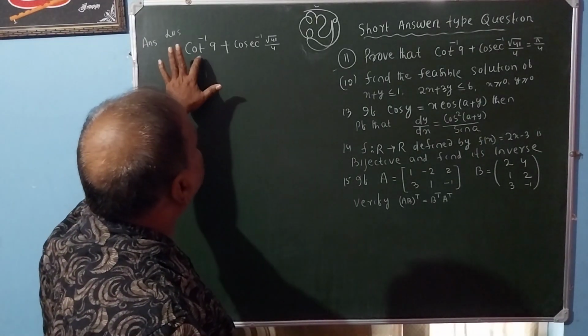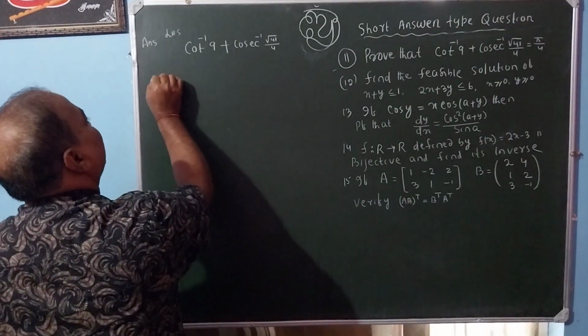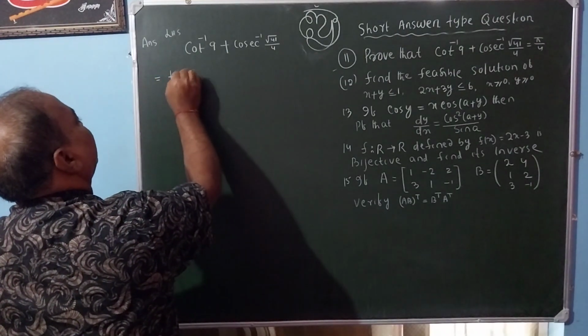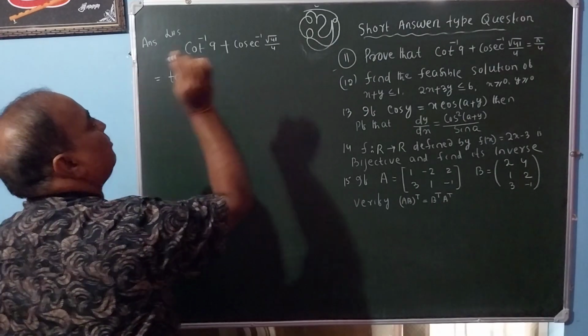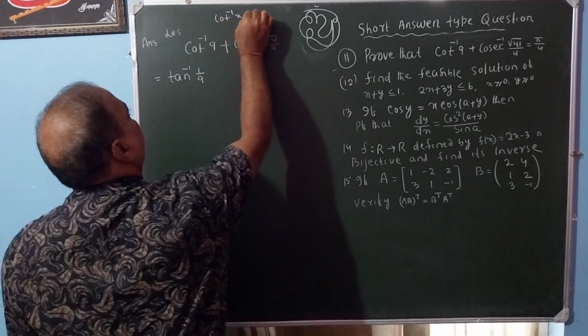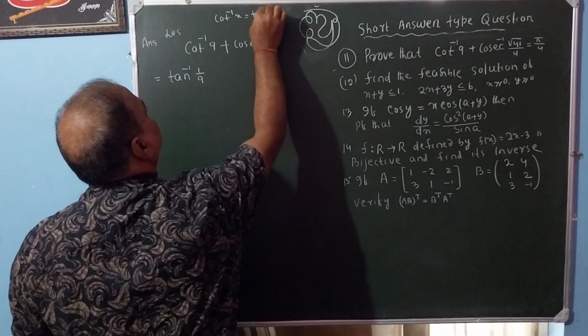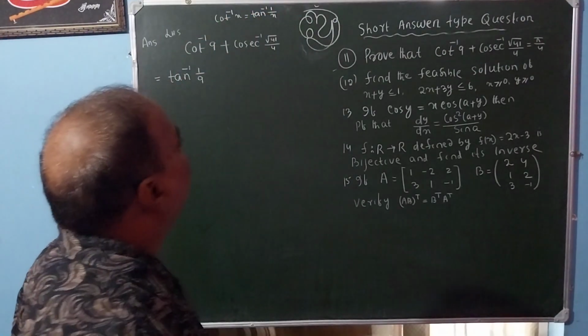So cot inverse 9 is equal to tan inverse 1 by 9. Write down tan inverse 1 by 9. That is one formula: cot inverse x is equal to tan inverse 1 by x. This is a very important formula.